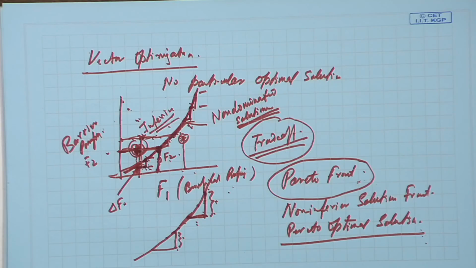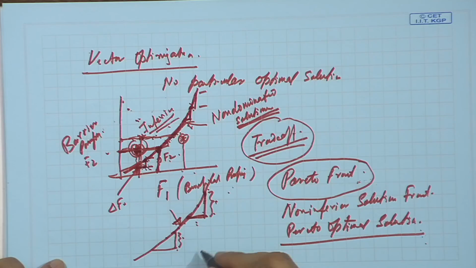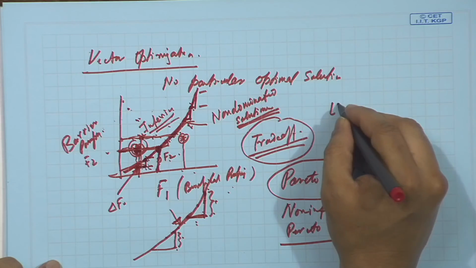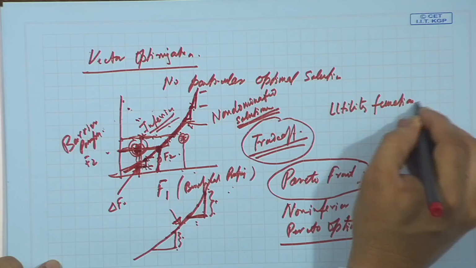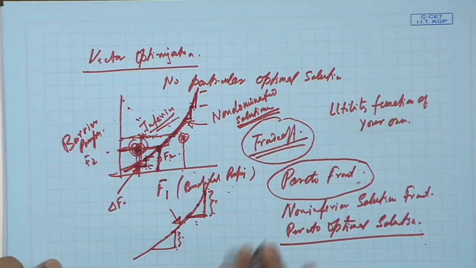You cannot get a direct answer unless you have some other information, or, as I just mentioned, a utility function of your own. That means at every point you know what is good for you.